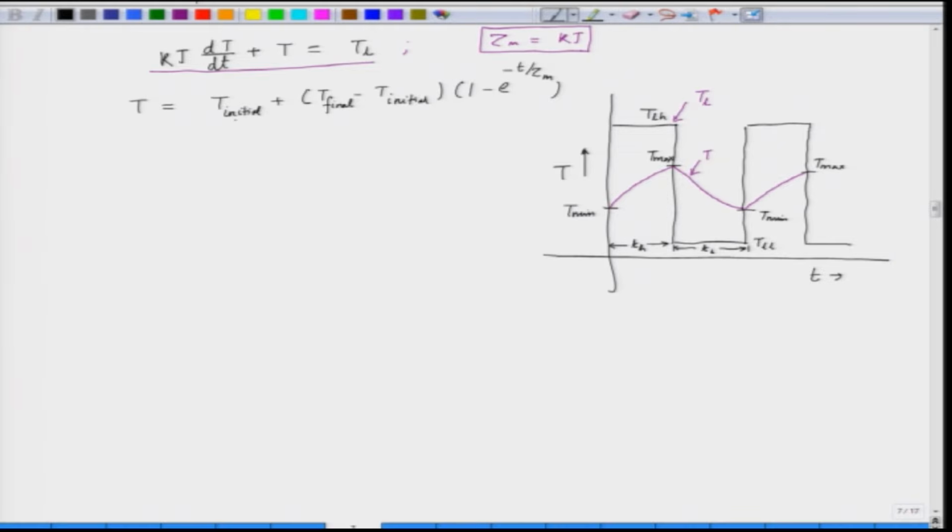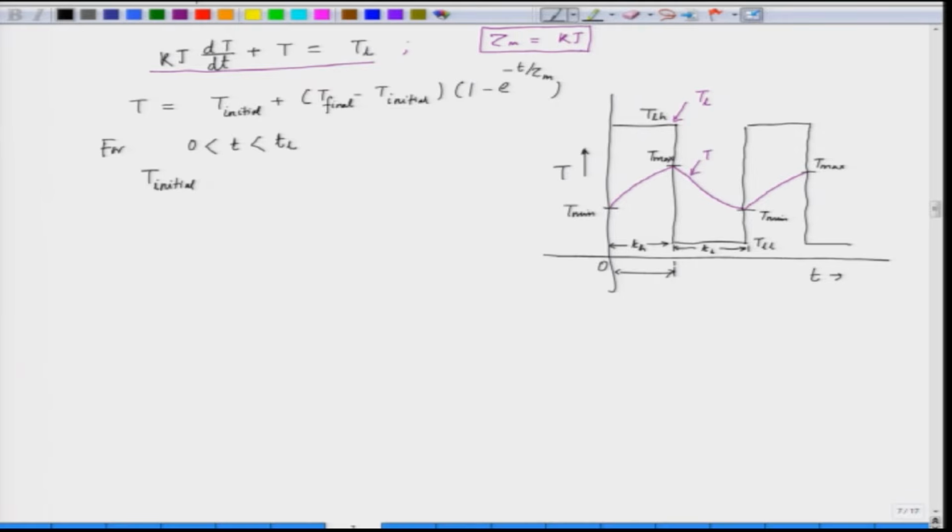and the T initial, let us say for time between 0 to T L. So, this is our origin. For this region we can write down what is T initial and T final. So, what is T initial?